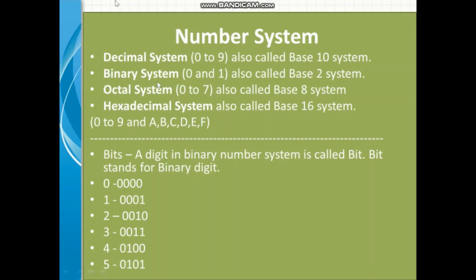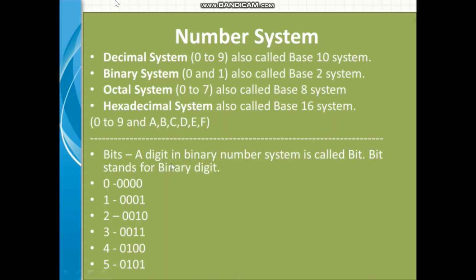Binary has only zeros and ones, so it is base 2. In the octal system the numbers are from 0 to 7, so it is base 8. Hexadecimal is base 16: we have 0 to 9, and after that A, B, C, D, E, F in caps, where A is 10, B is 11, C is 12, and so on.